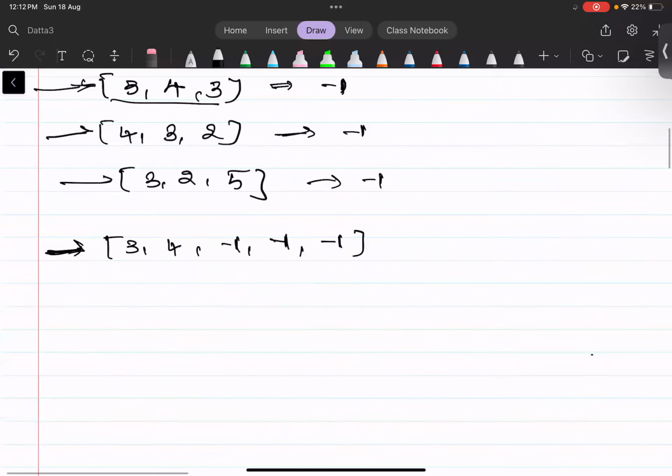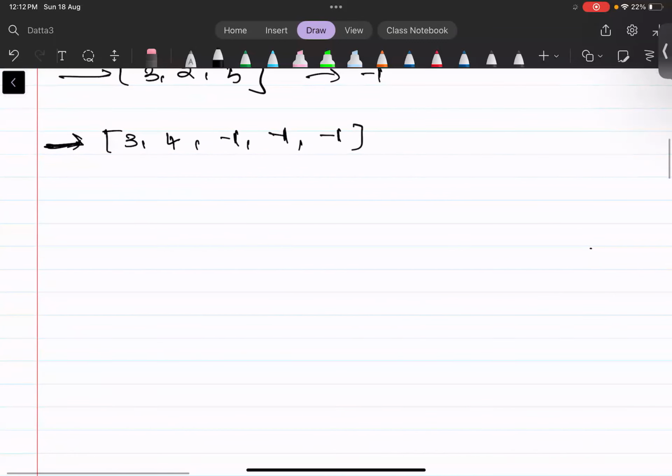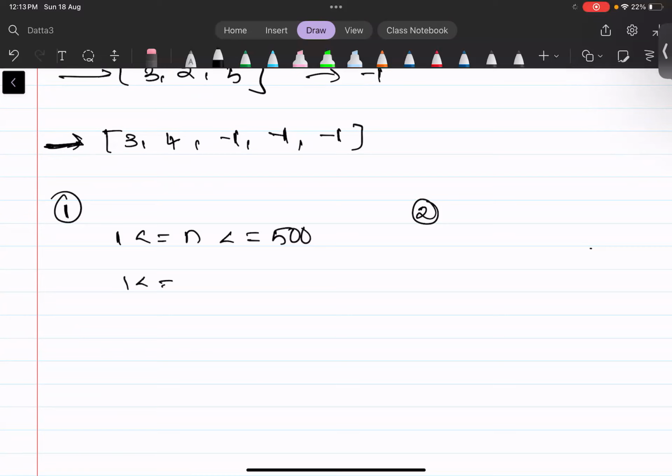Now the only difference between the first question and the second question is the constraints. In the first question, if n is the size of the array, n can be up to 500 and k can be less than or equal to n. And every element of this array will be in the range of 10 power 5.